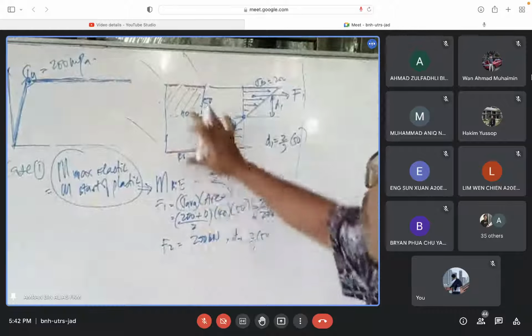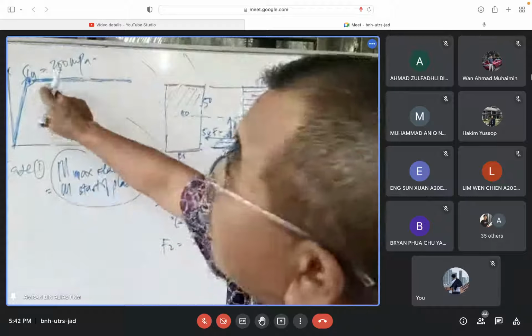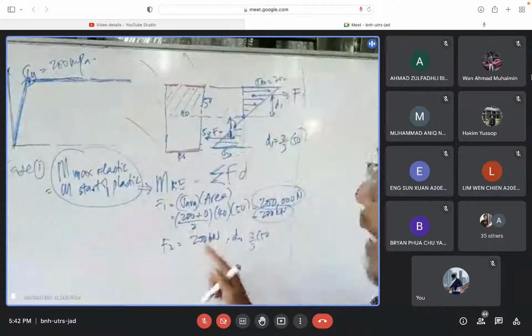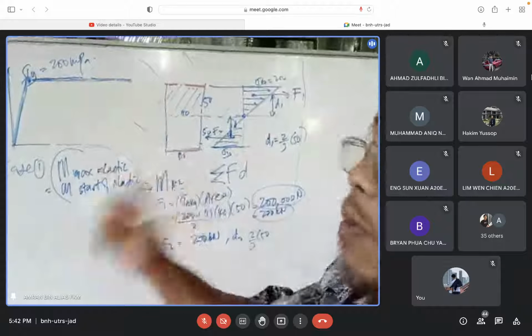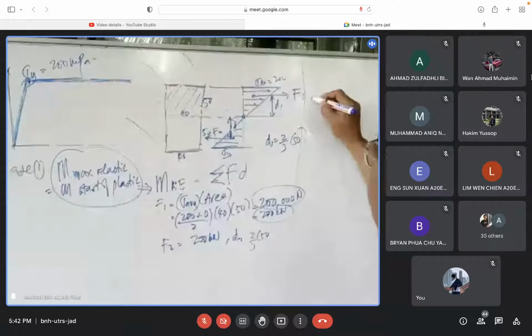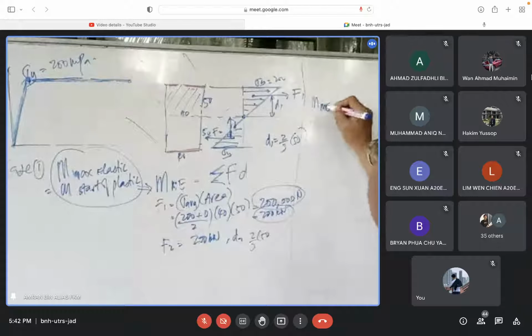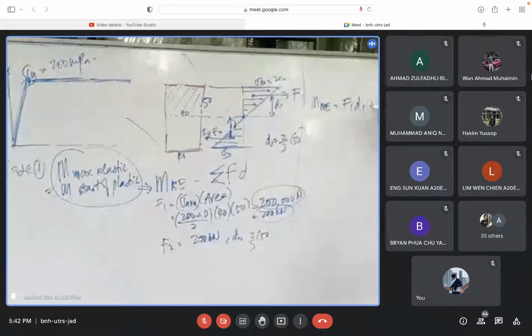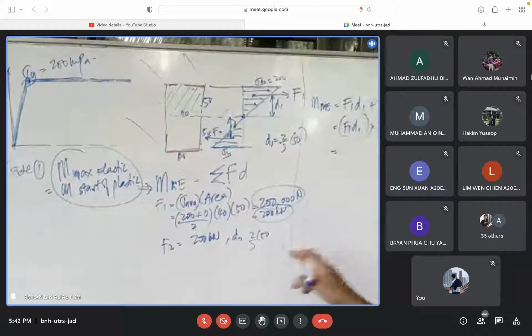I don't know. Just from the cross-section size and the material properties, I can find the required moment. So what is the moment there? Maximum elastic moment is F1 times D1 plus F2 times D2, which is equal to F1 times D1 times 2 because of symmetry.